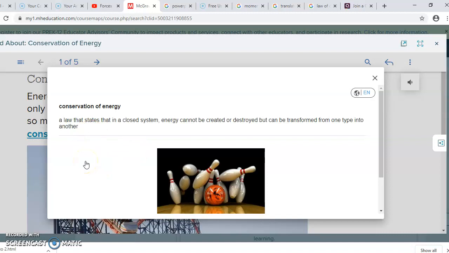It's highlighted for you, so highlight the definition of what the law of conservation said. Look, it's the law that states that in a closed system, energy cannot be created or destroyed, but can be transformed from one type into another.